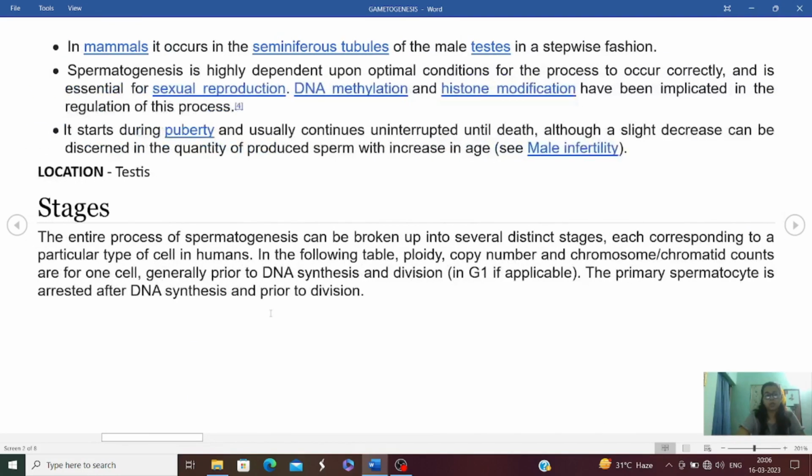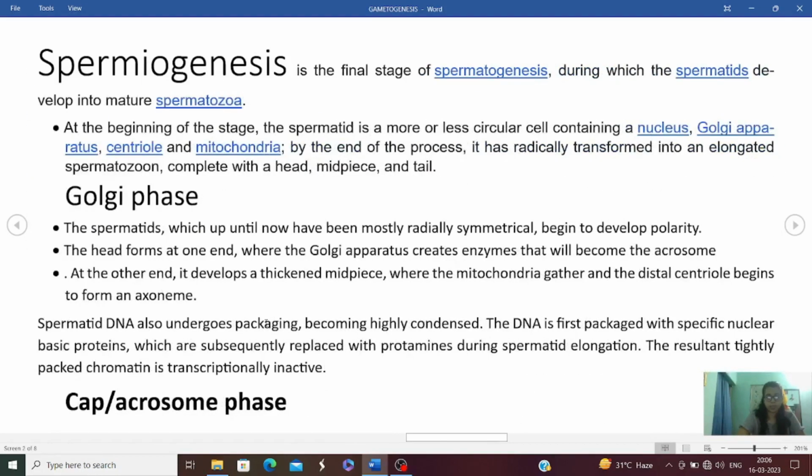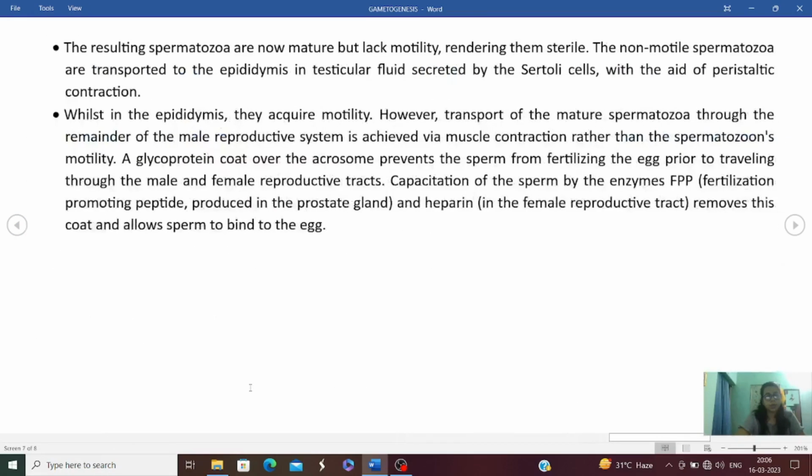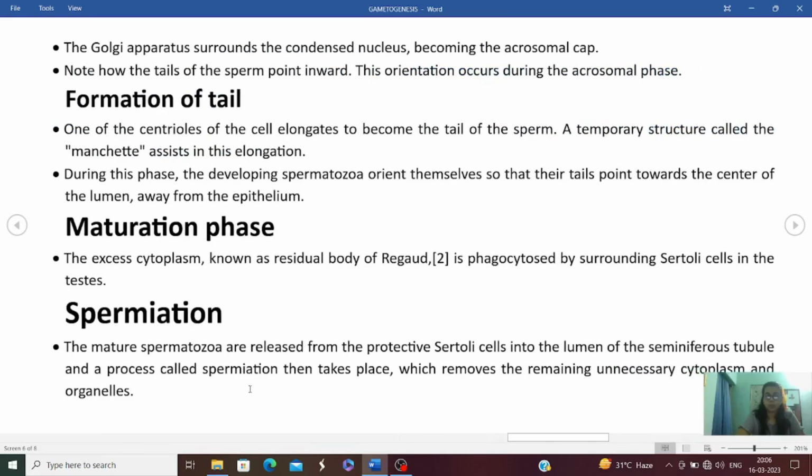So during the spermiogenesis process, the final stage, the spermatid will develop into mature spermatozoa, or sperm. This is again divided into 4 phases: first the Golgi phase, then the acrosome phase, then formation of tail, and then the maturation phase and spermiation.